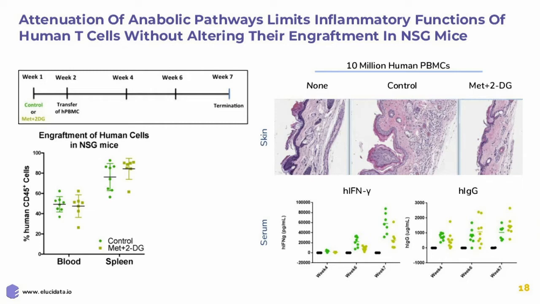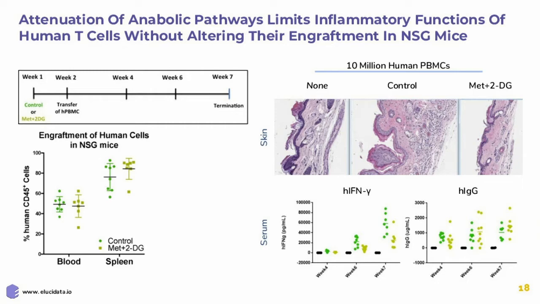And very similarly to the data that were demonstrated from Penny Morell's group, what we found was that treatment with this combination of metformin and 2-deoxyglucose was also sufficient to block inflammation that was associated with the human immune cells recognizing mouse antigens as foreign and mounting an immune response towards the skin, the kidneys, the liver.